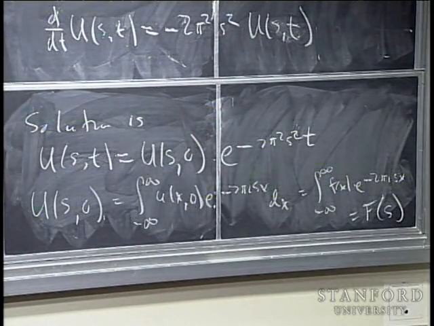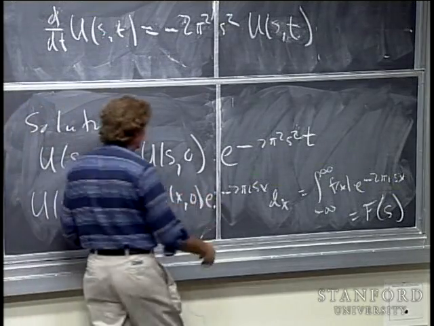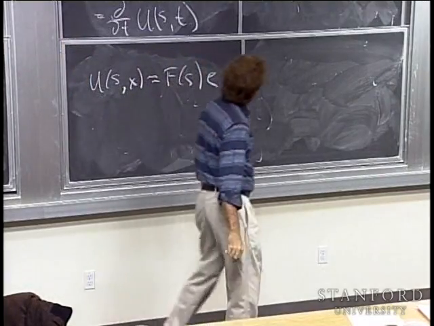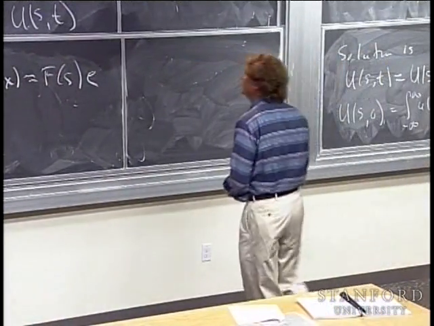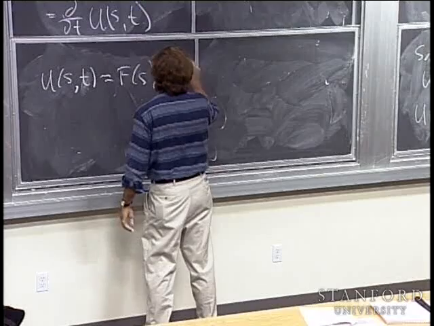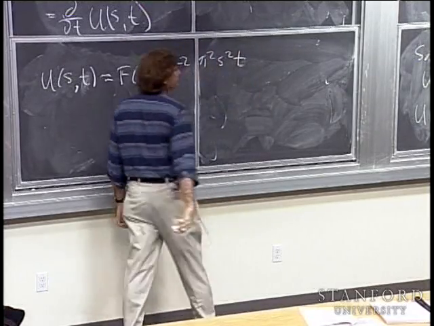All right. So what is capital U in terms of all the data that I have? Everything now is sort of known. We're almost done. I might be able to finish it. So U of s, t is equal to F of s times e to the minus 2 pi squared s squared t.